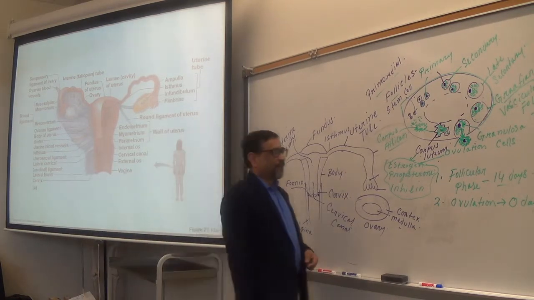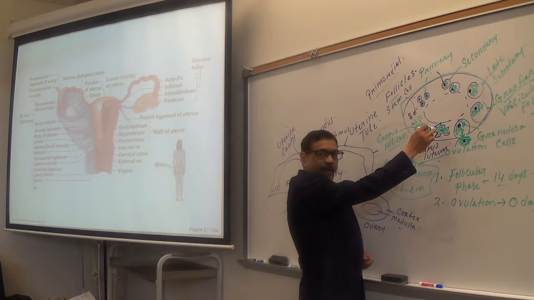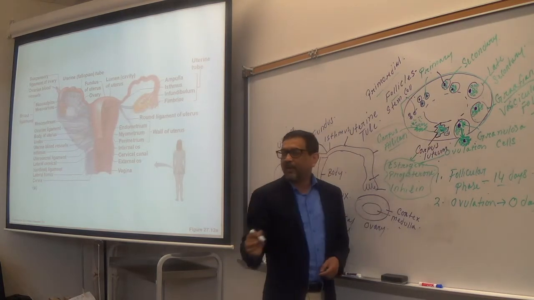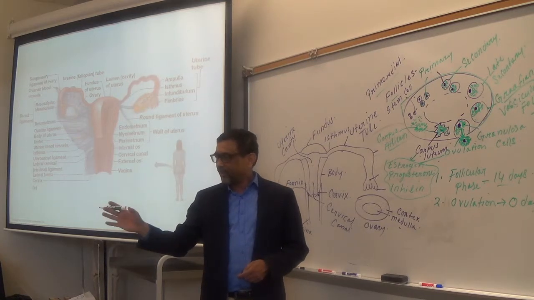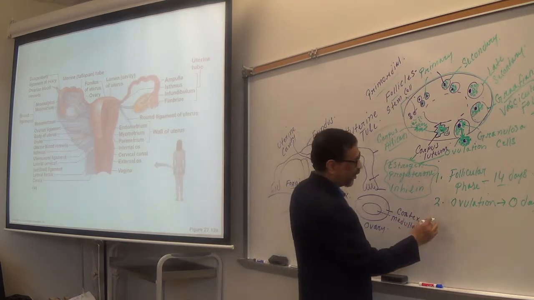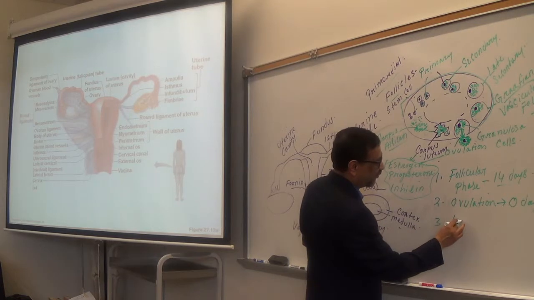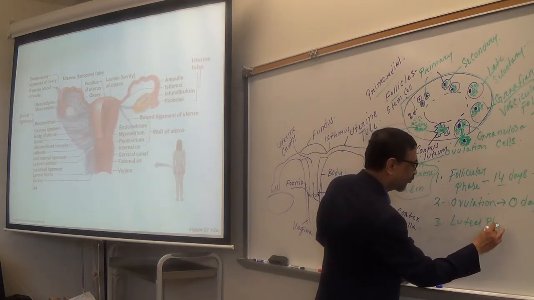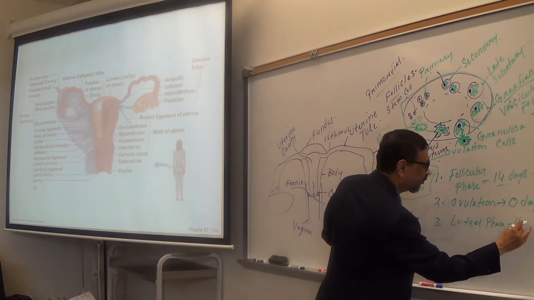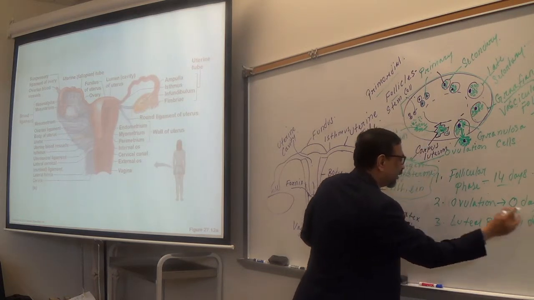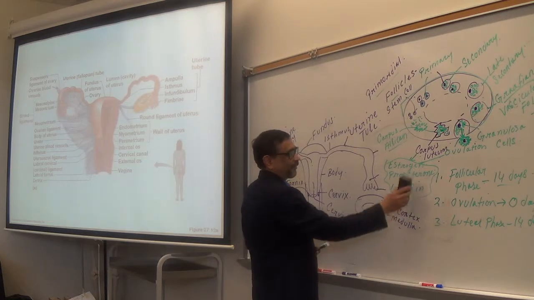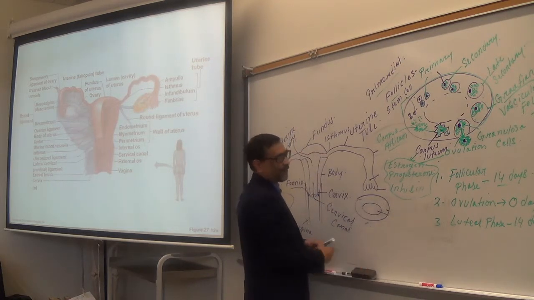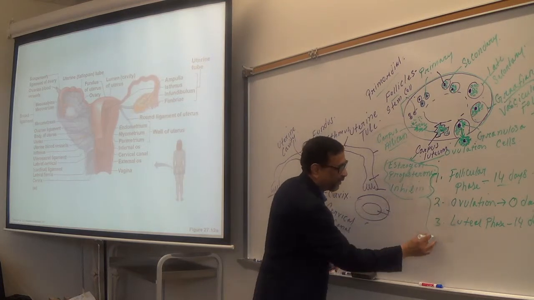Okay. So, again, remind me, corpus luteum acts as what? Temporary gland, and remains there for about 14 days. That part is called the luteal phase. 14 days. Now, these 3 together is the ovarian cycle.